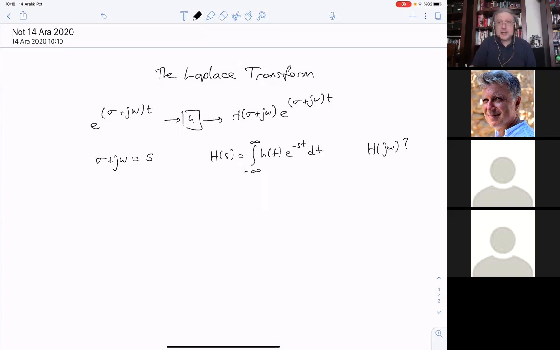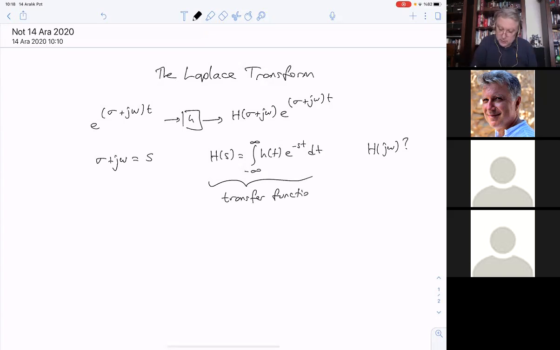And of course, this is the Laplace transform of the impulse response, which will be denoted as the system transfer function. And for signals, the Laplace transform of a signal is, again, the same formula.